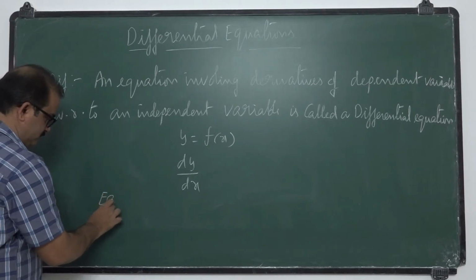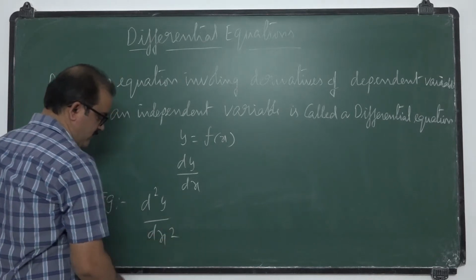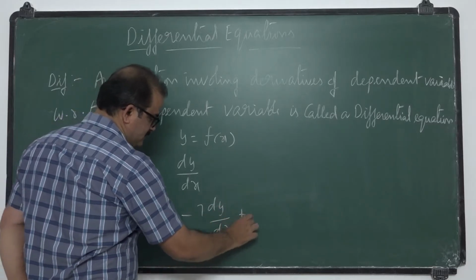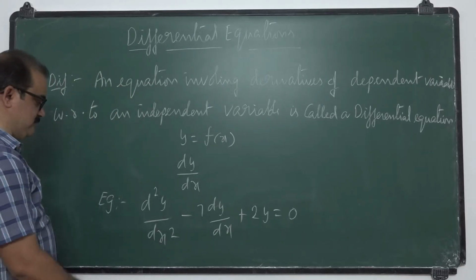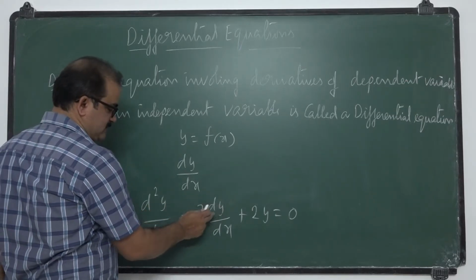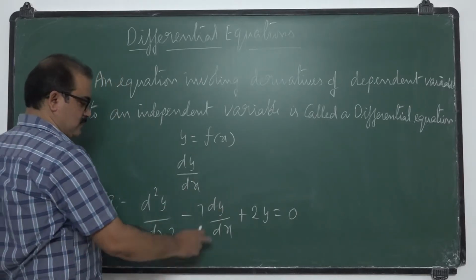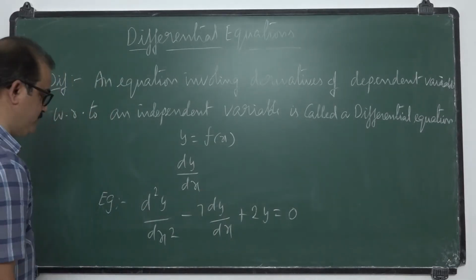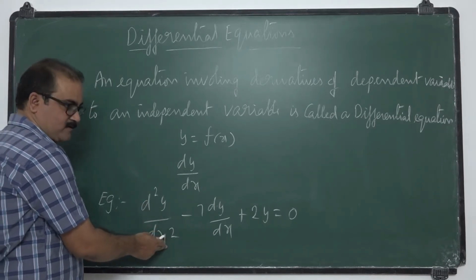For example, d square y by dx square minus 7 into dy by dx plus 2 into y is equal to 0. See this equation. What is d square y by dx square? Derivative of the first derivative of y with respect to x. It is the second derivative of y with respect to x.